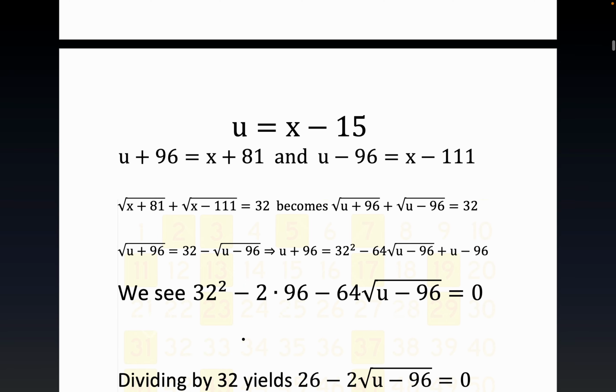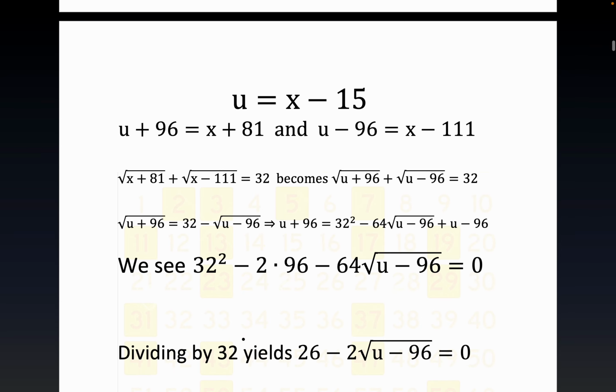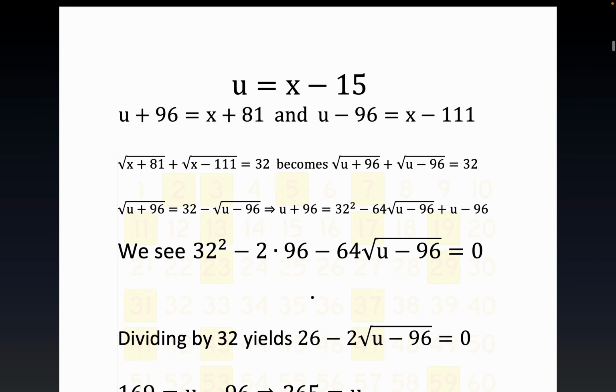Something nice happens on the very next line. If you divide all of this by 32, 32 squared divided by 32 is 32. Right here, if you divide 96 by 32, you get 3, and 2 times 3 is 6. So that's where this 6 came from.